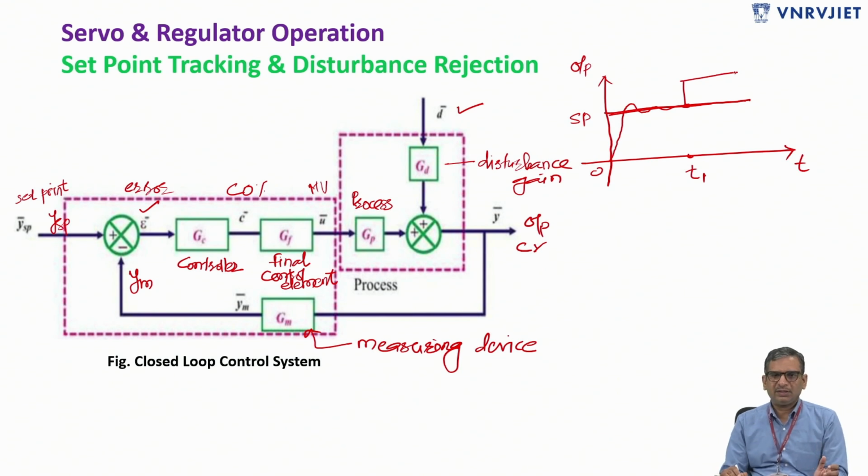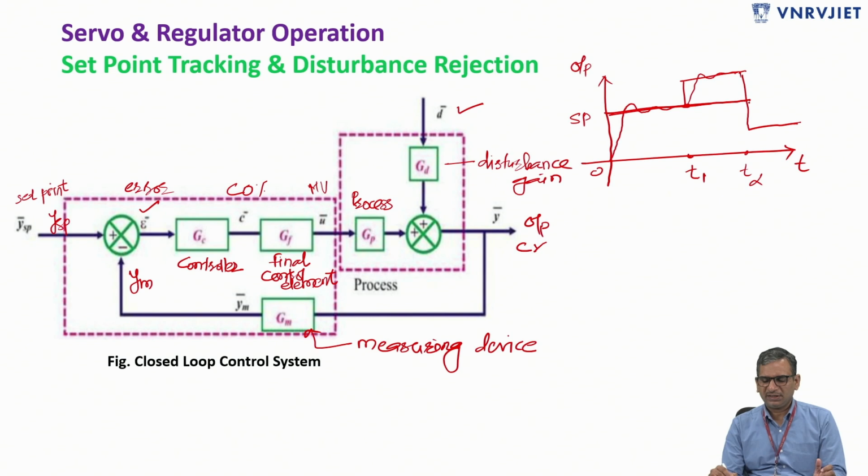Now what is the desired response, or the expected response? The controller should make changes in the manipulated variable such that again the output variable reaches the new set point value. So slowly the output is changing and it is reaching the new set point. Consider at time T2, again we have changed the set point, and consider the new set point is this one.